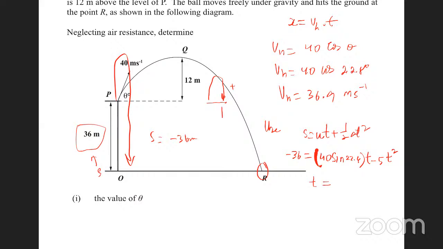Once you go below, because it's a vector quantity, everything below will be negative displacement. So once you go below the starting point, it's negative. Okay? Right, Gail?